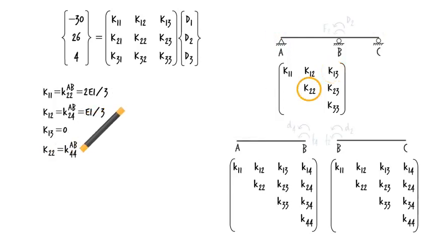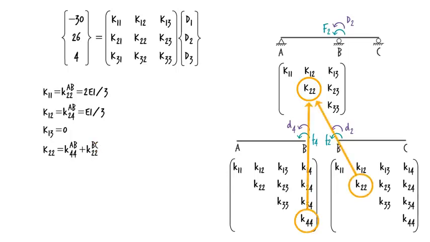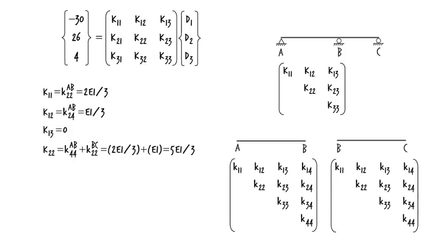K22 equals K44 of AB plus K22 of BC, or 2EI over 3 plus EI, or 5EI over 3. K23 equals K24 of BC, or EI over 2.